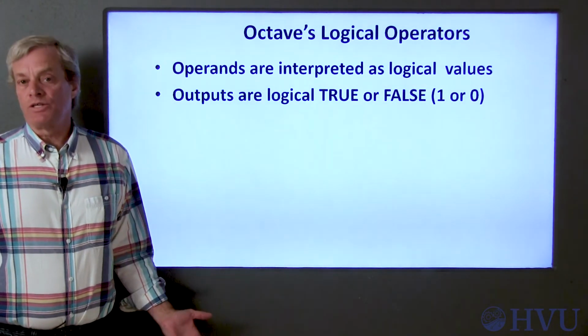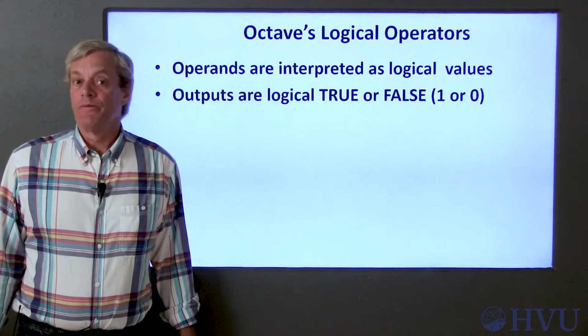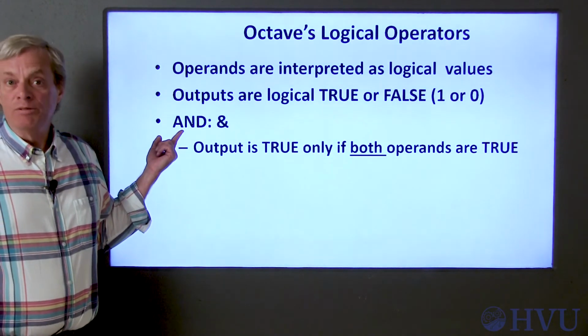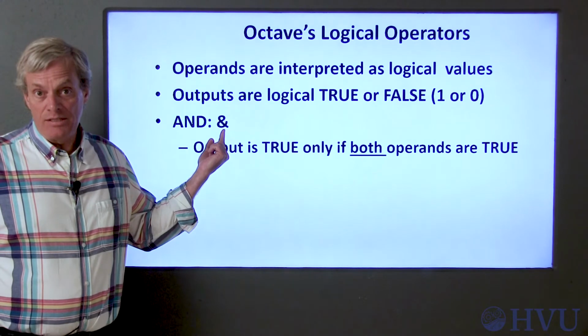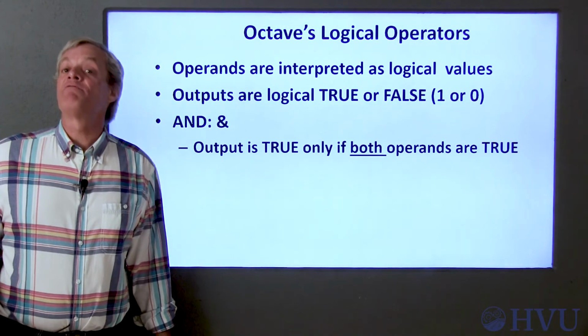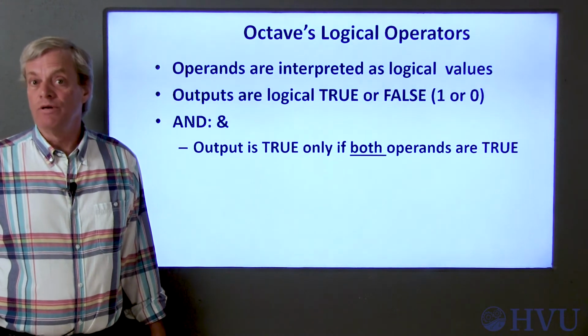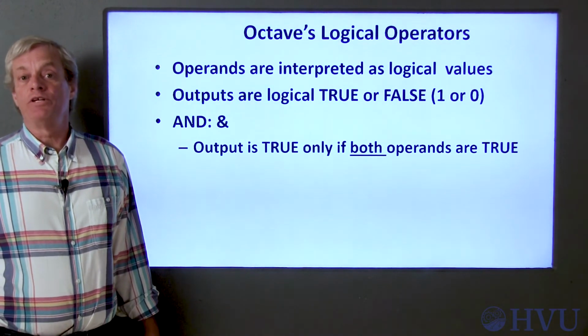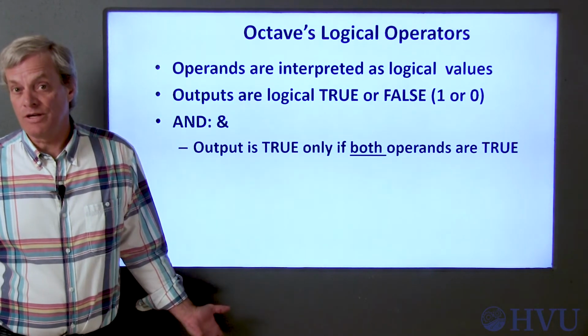There are 3 logical operators that I'll use in this course. The first of the logical operators is AND, which is implemented in Octave with an ampersand symbol. The result of an AND operation is true only if both operands are true. If either or both of the operands are false, then the result of the operation is false, and Octave returns a 0.